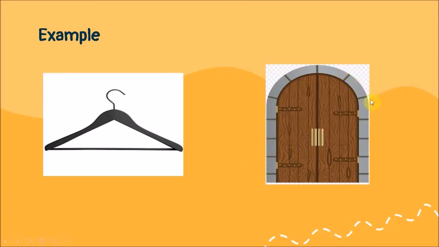And the second is a door. Look at the border of the door. There is a closed curve to draw this, and two vertical lines and one horizontal line for the border of the object.